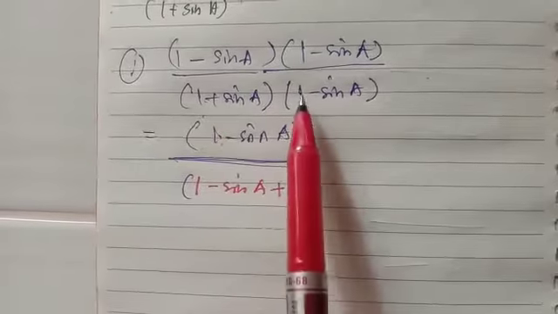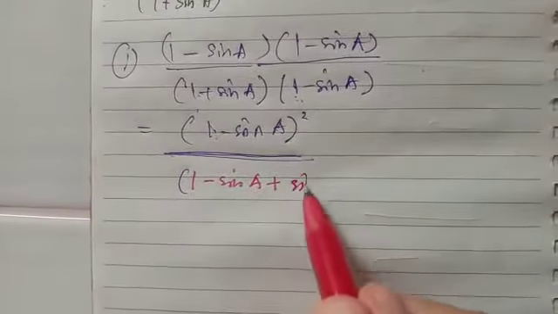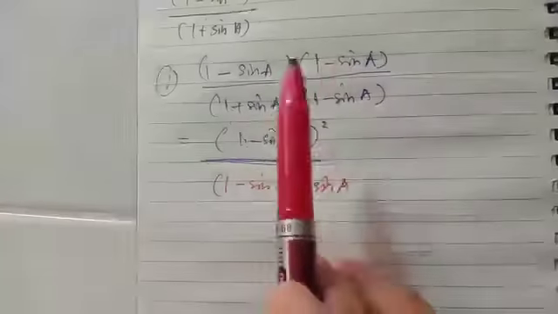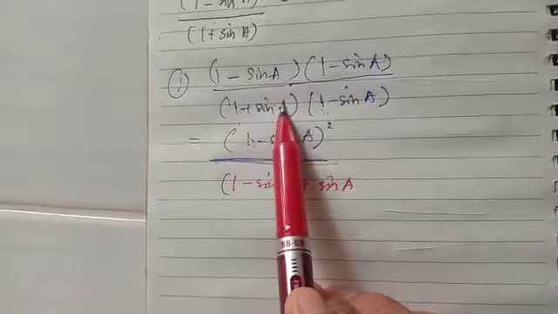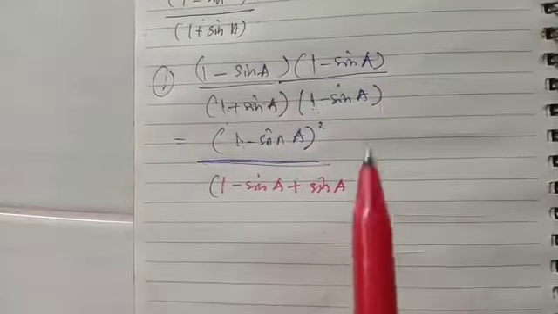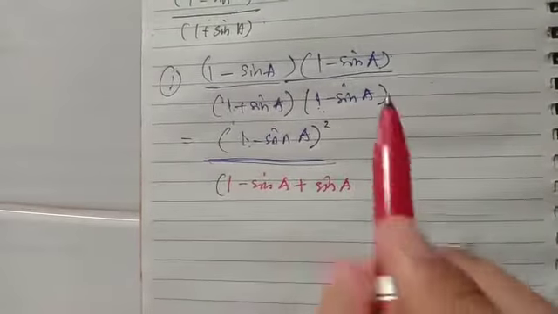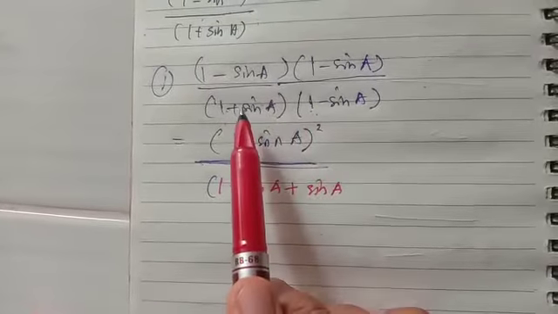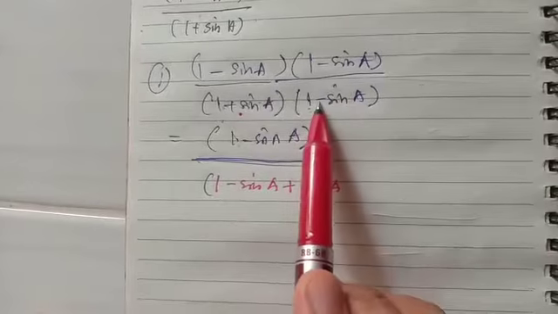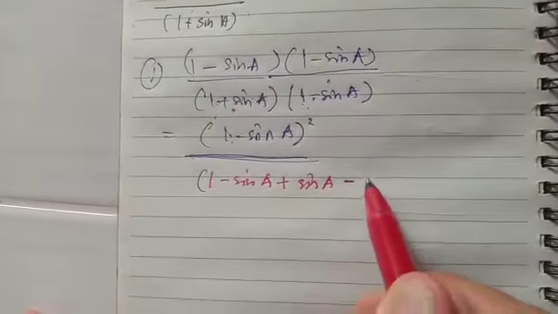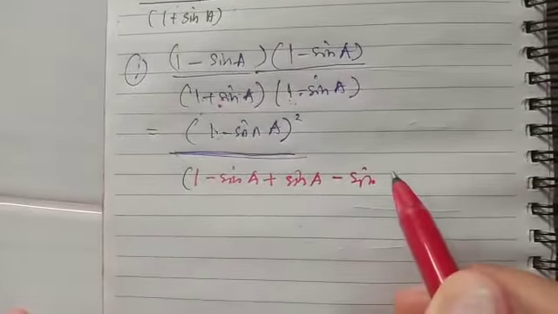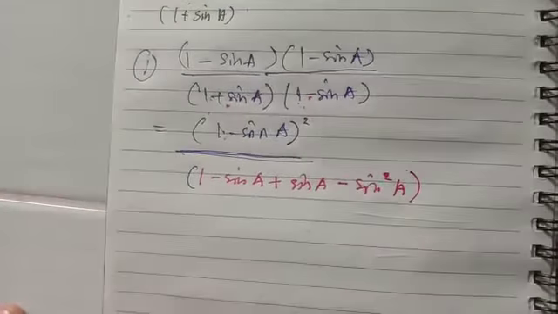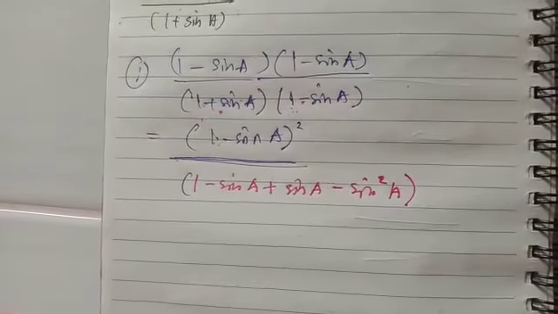Sine times 1 equals positive sine of the angle. Then sine times sine: a positive angle times a negative angle equals negative sine square of the angle.